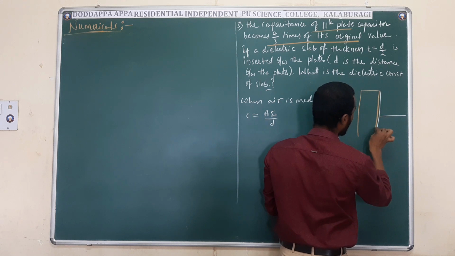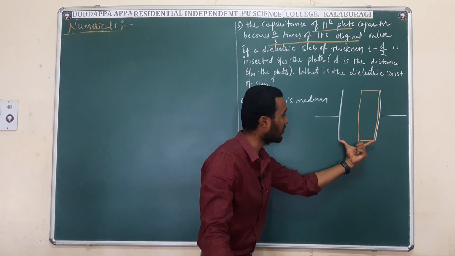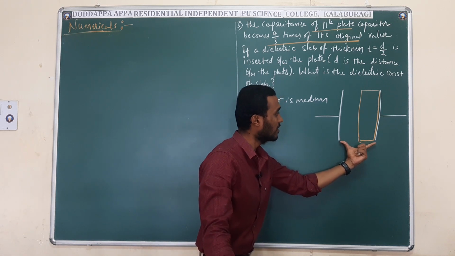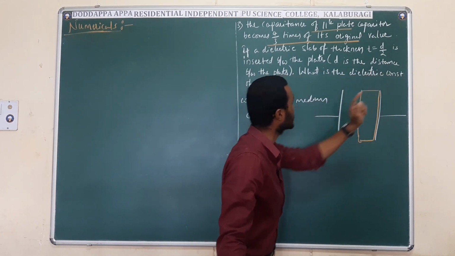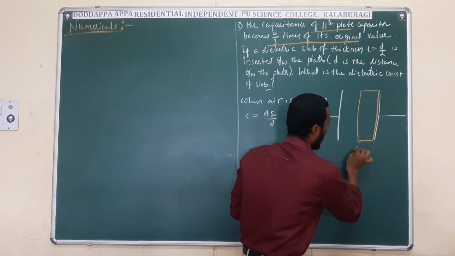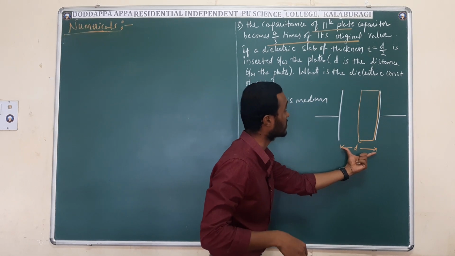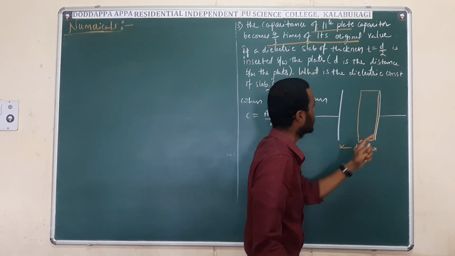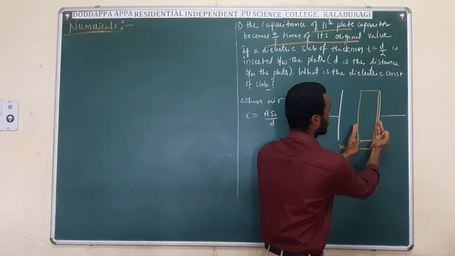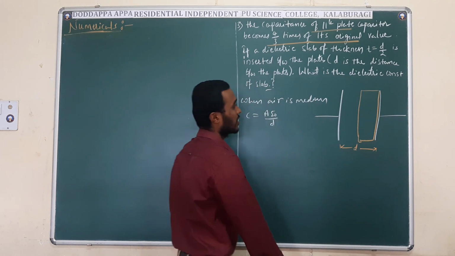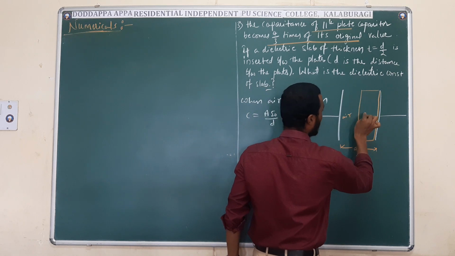I have introduced the slab like this, exactly half the distance between the plates. d is the distance between the plates, which he has already given in the question. If we introduce d/2, exactly half the thickness, of dielectric medium, then this is the medium air and this is the slab.